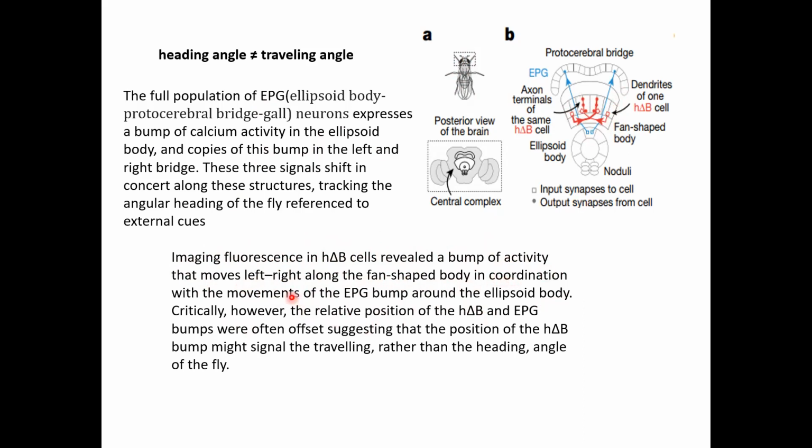This is correlated with the EPG. In fact, if your head and your body are going in the same direction, that's the same. But as we discussed, if there's wind, then the body and the head are not going in the same direction, and then you can see a difference. That's right in here.